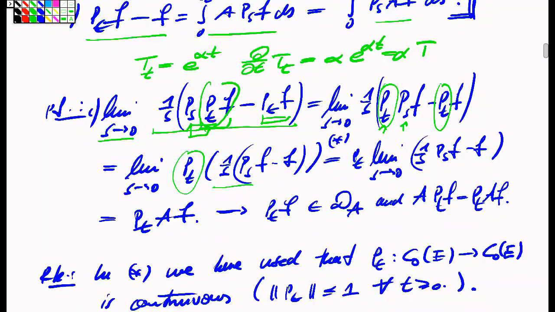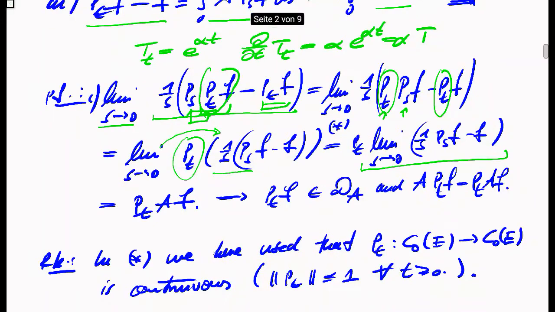Recall that Pt was assumed to be a continuous operator, so therefore I can pull the limit inside the Pt, which is what I do here. But I can do that provided the inner limit exists, right? So if the limit of the interior object, which is plugged into the Pt operation, exists as a limit in this space of continuous functions, then I can pull the limit inside or outside this Pt map, because the Pt map is by assumption continuous.